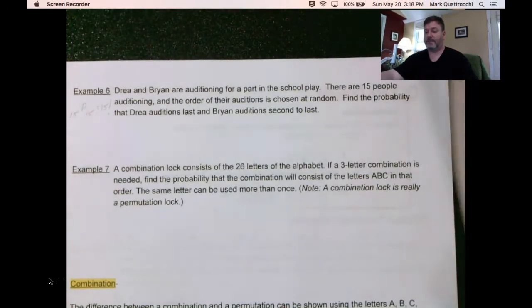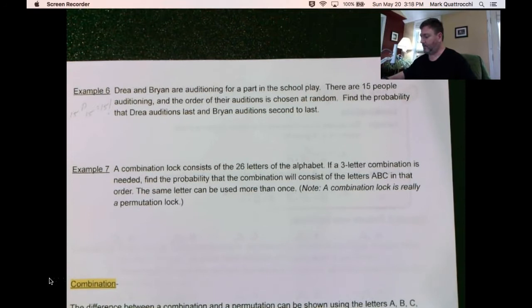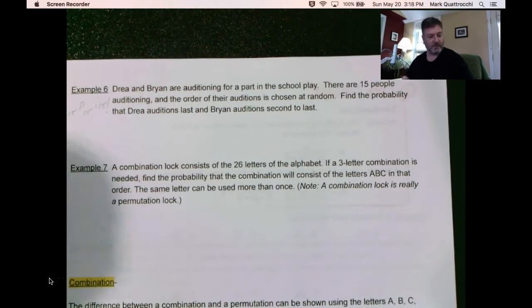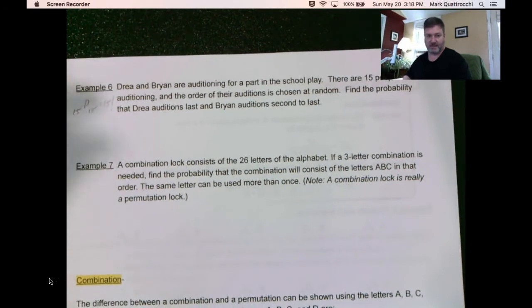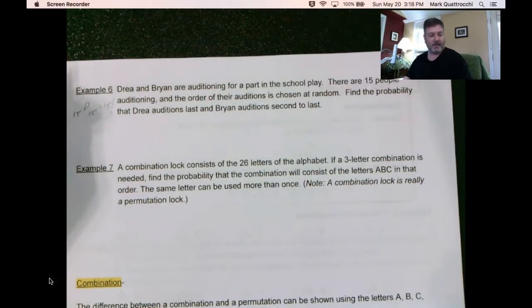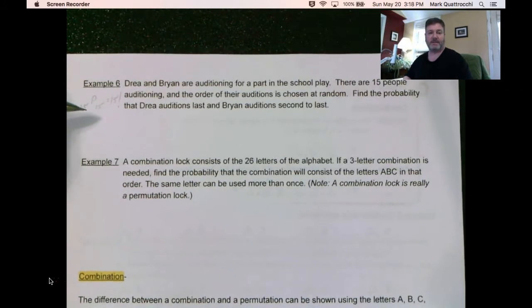So here we have 15 factorial, which is a big number. 15 factorial is gigantic. I'm not even going to write it all out. It's got 13 digits in it. That's our denominator because we're finding probability. That's how many possible ways there are to choose the 15 people.